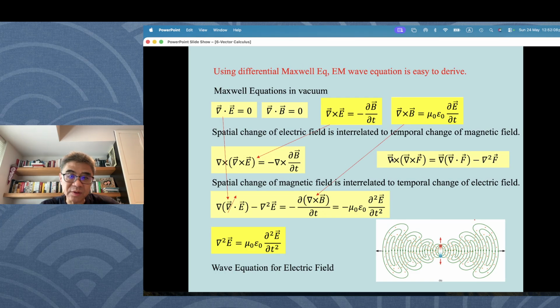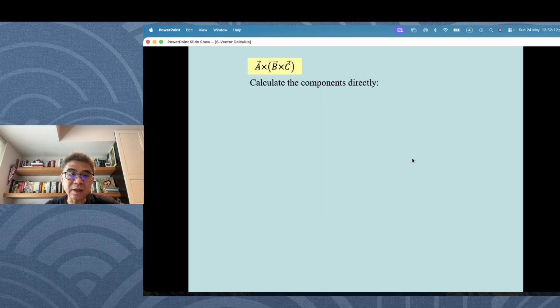If you replace this grad by A and this grad by B, then this is what we will have as A cross B cross C. The formula for this complicated cross operation is very useful in your electromagnetism courses and probably also in your mechanics courses. Therefore, let's derive it carefully so that you can use it in your future.